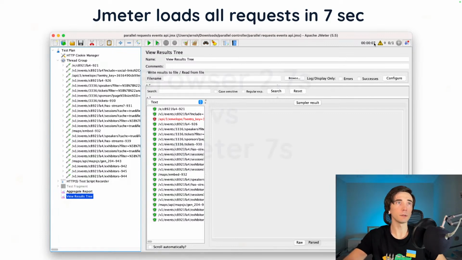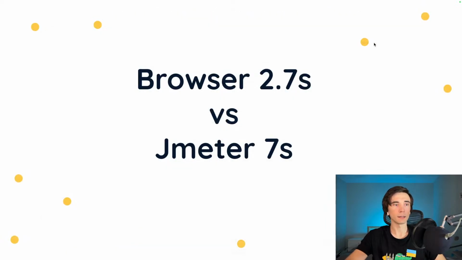Because the parallel controller's goal is to eliminate this difference. In the browser, we have 2.7 seconds, in JMeter, we have 7 seconds. If we have such a difference, probably your product owner or your team will be a little bit confused and may stop trusting JMeter results.